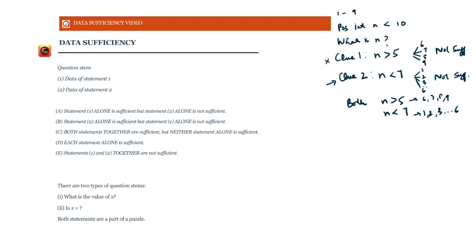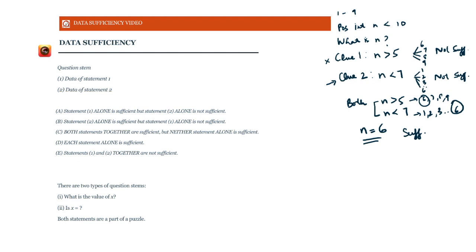So the only positive integer that satisfies both these clues is our number 6. Right, so then you say, now I know that n is equal to 6, because only n equal to 6 satisfies both the clues. And this is what a data sufficiency question is. Now I would say that clue 1 and clue 2 together are sufficient.